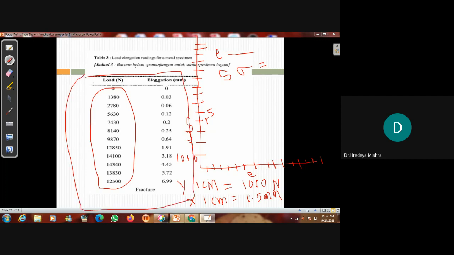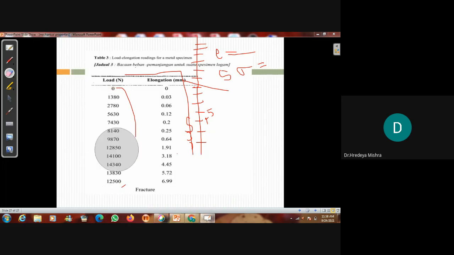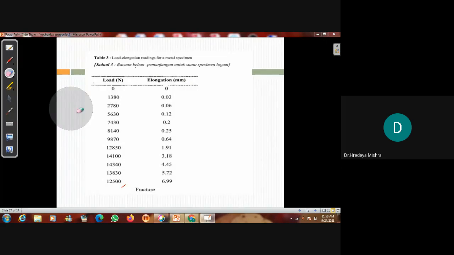to draw this table. Okay. And elongation, as I say, many books use small e and many books use epsilon for the notation of the elongation. This is also correct, but this notation differs from book to book, and you can prescribe as per your convenience.